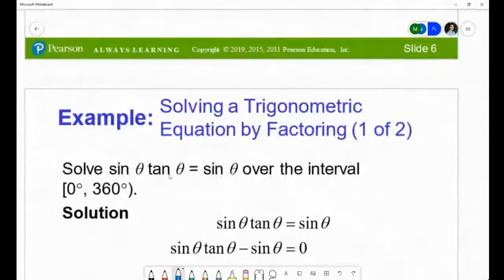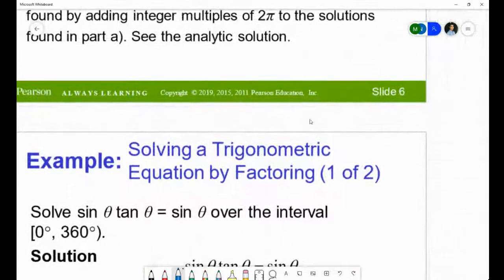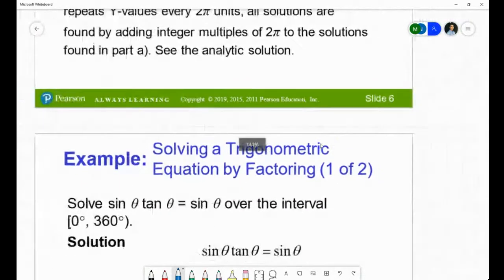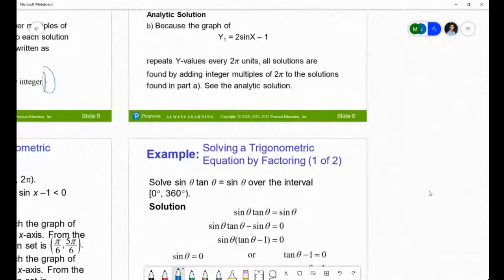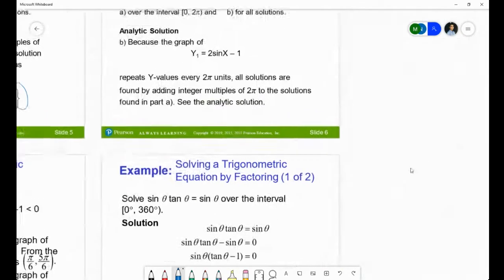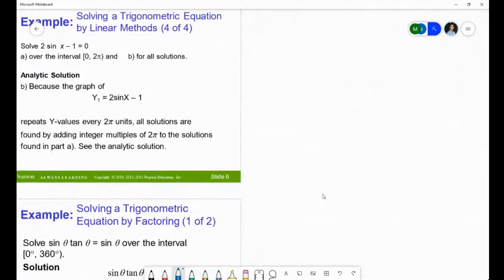All right, so let's look at this one here. I'm going to give you some pointers on how to solve problems like this. Okay, so let's talk about the warning. Never cancel a variable.